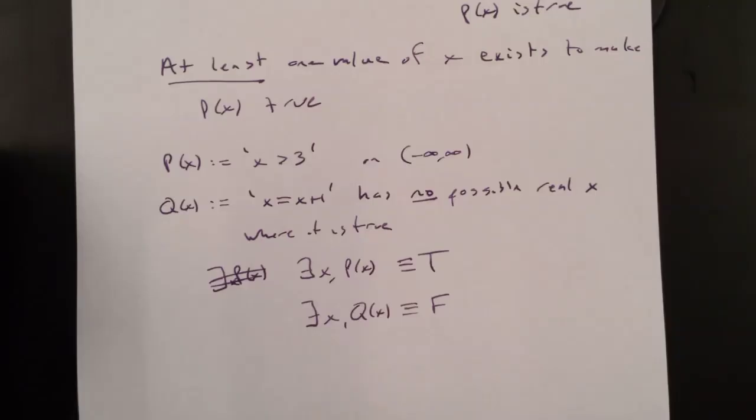Hey, wait a minute. The universal quantifier was a giant and. When I have a finite collection of things, I can go through and check each and every one, and they all have to work. What's an existential quantifier going to look like? A giant or. At least one of them has to be true, and then the or statement will be true.